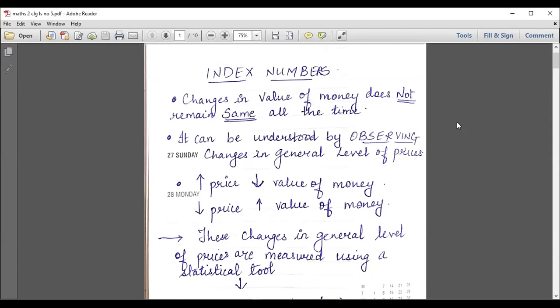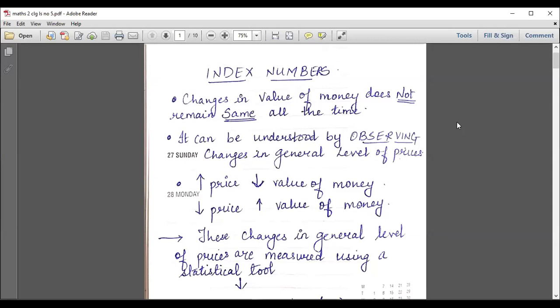Before we move on to the topic in detail and solve the sums, let us understand the meaning of index numbers, where they are used, and how they are useful in our normal day-to-day life. As you can see, I have written the meaning of index numbers.